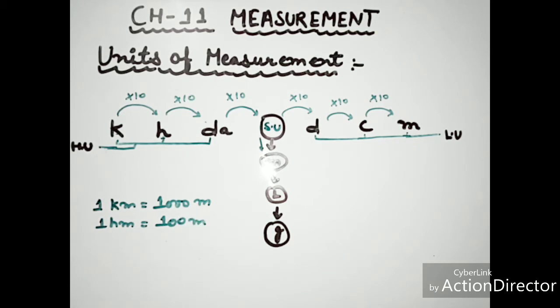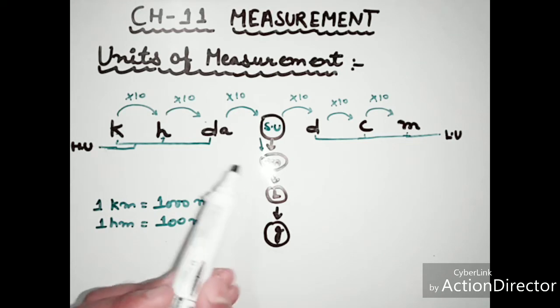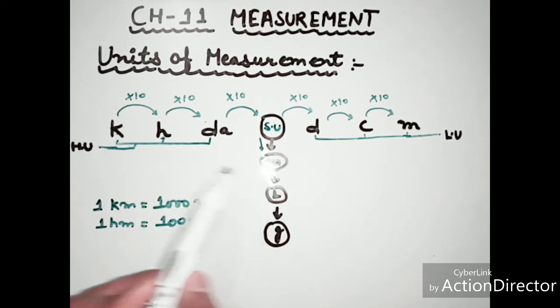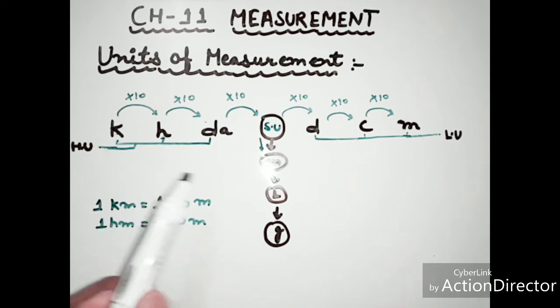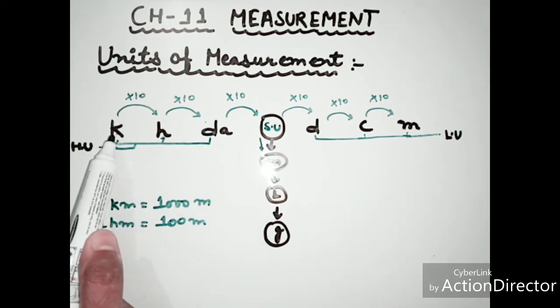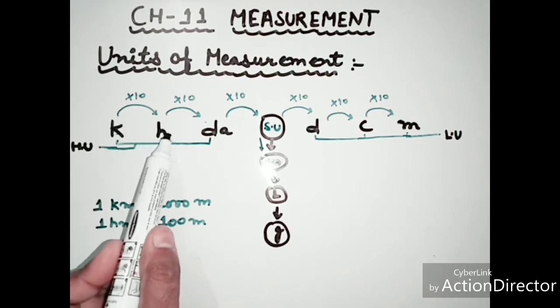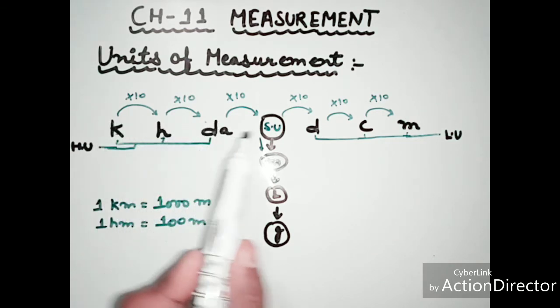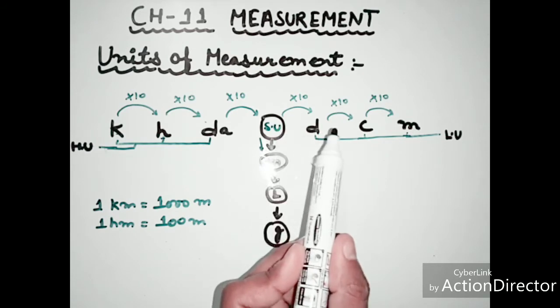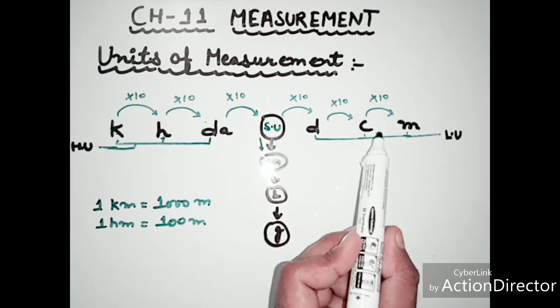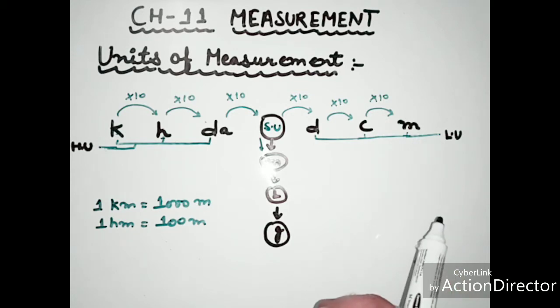So this table is very important for this chapter, and this table is also known as the reference table. Here we use prefixes with meter, liter and gram. Like with meter we use kilometer, hectometer, decameter, meter, decimeter, centimeter and millimeter.